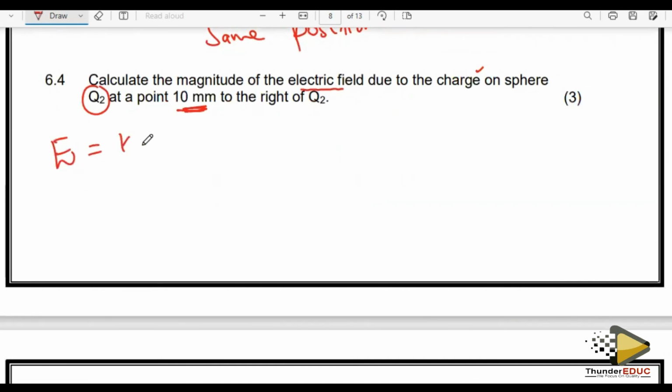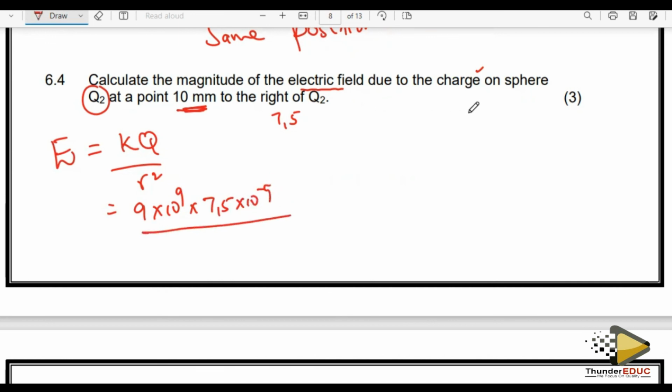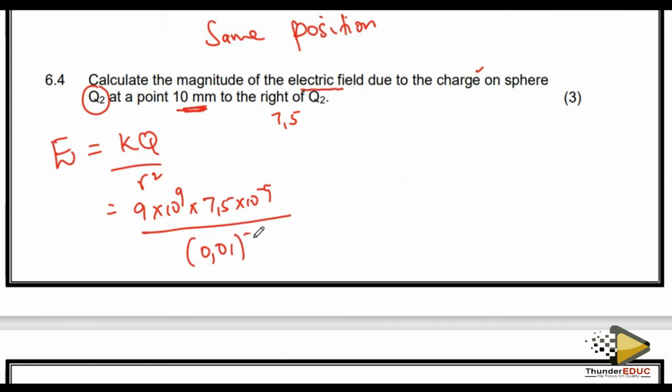So E, remember we said kQ over r squared. So k is 9 times 10 to the 9, times 7.5 times 10 to the negative 9 over the distance. They told us 10 millimeters. When you convert 10 millimeters to meters, it's going to be 0.01 squared.